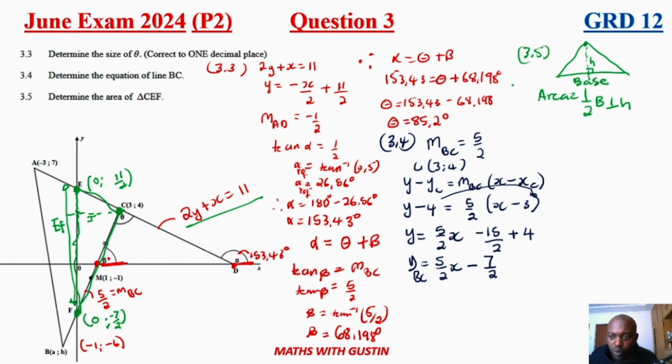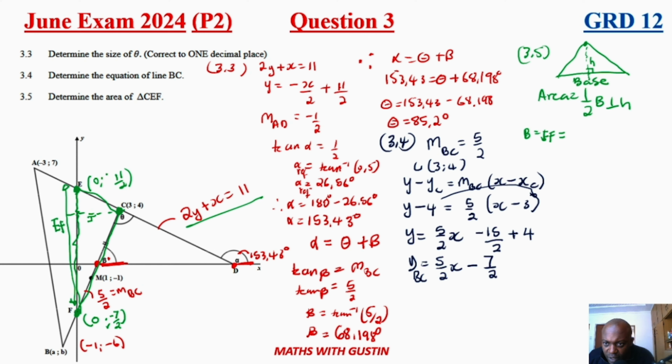In this case, we have to look at the distance of the base, which would be the distance of EF in units. So what would you do in this case?